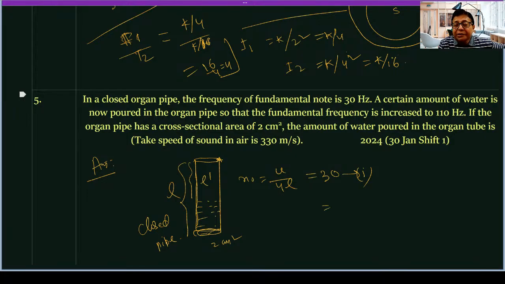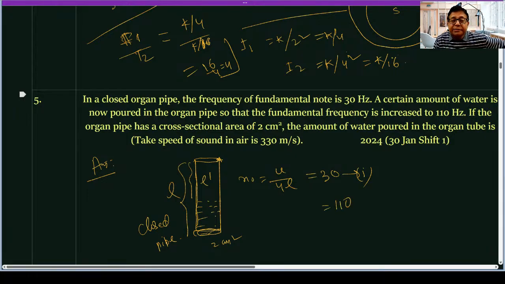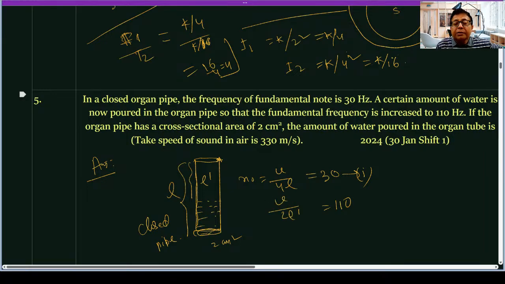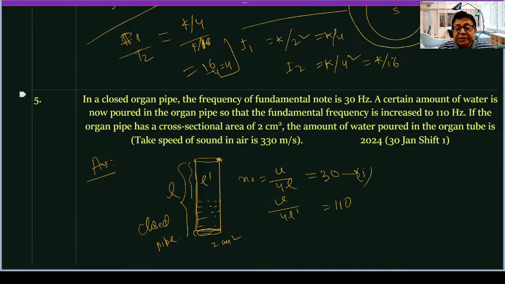Initially 30, now it is 110. And it will be V by 4L dash. They have given that only, no? Fundamental frequency increased to 110 Hz. So I write like this.